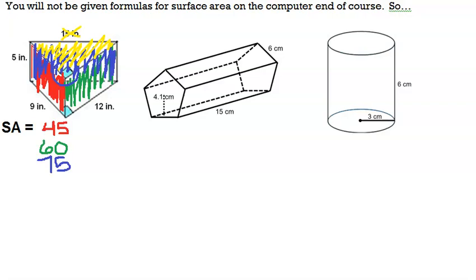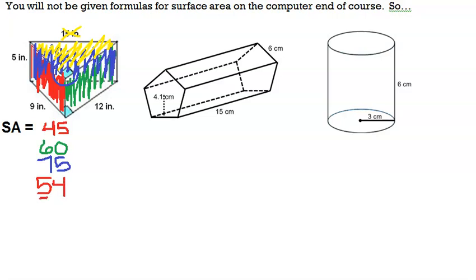But since it is a triangle, and remember the area of a triangle is, and that's not going to come out very well because it is in yellow, but that's okay. The area of a triangle is 1/2 base times height. So if I'm going to put in a 9 and a 12, I'm going to get 108, but I've got to do half of that, which would be 54. Now, I have a 54 on top.